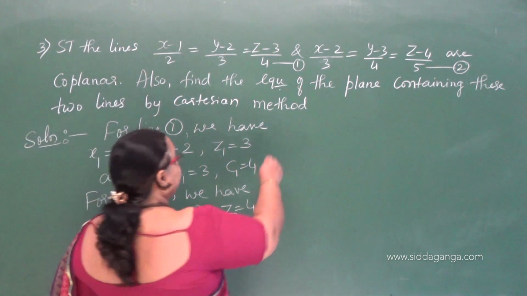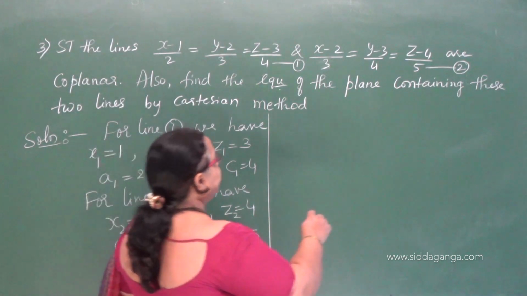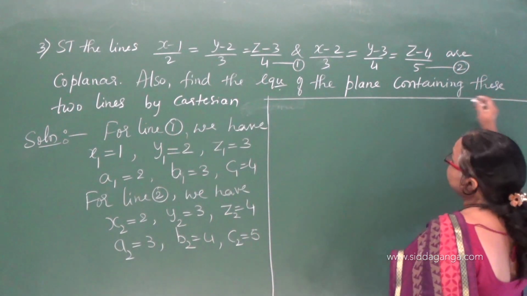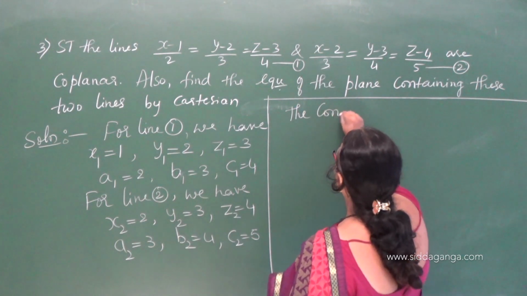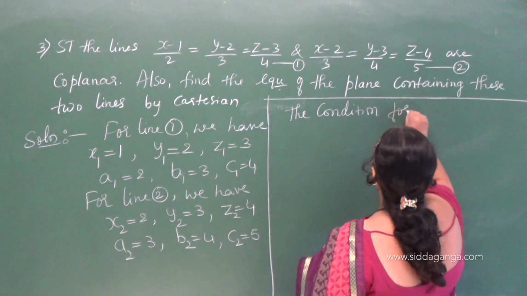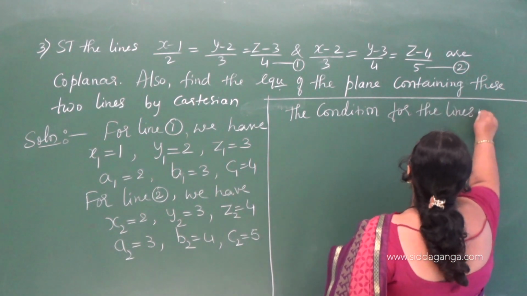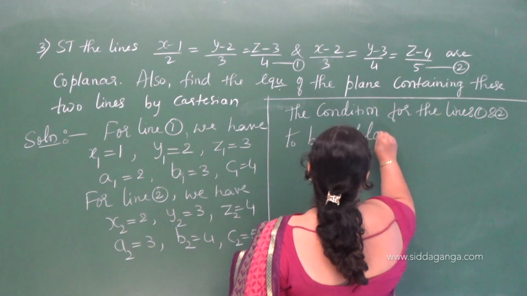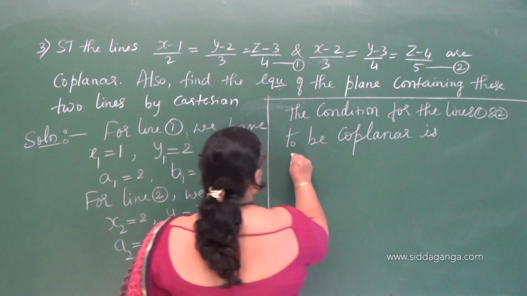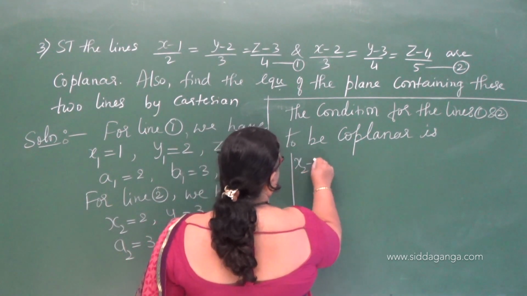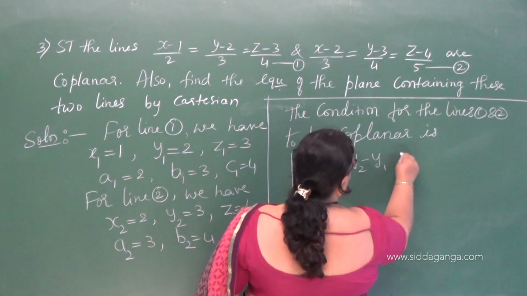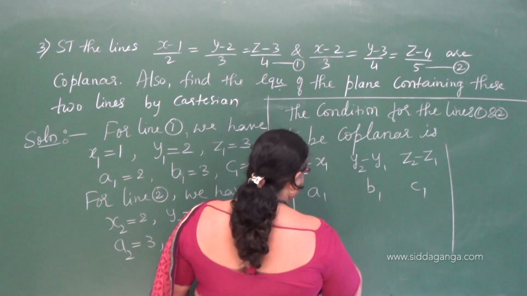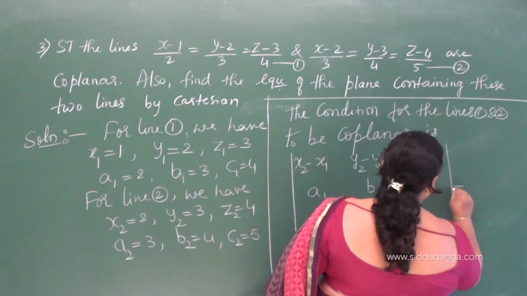So now the condition we know. The condition for the lines 1 and 2 to be coplanar is determinant x2 minus x1, y2 minus y1, z2 minus z1, next a1, b1, c1, a2, b2, c2 equal to 0.